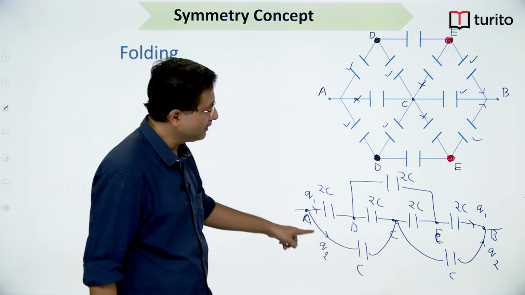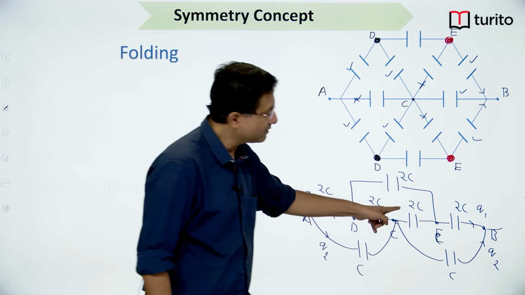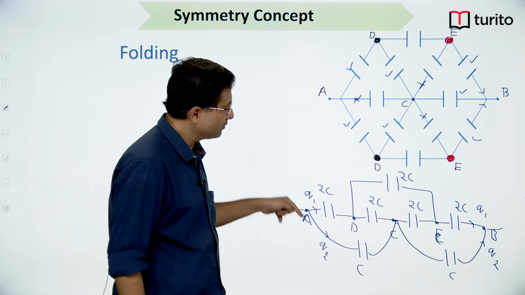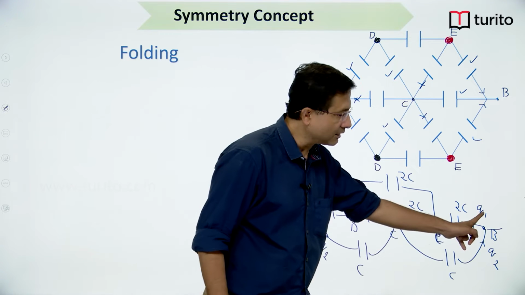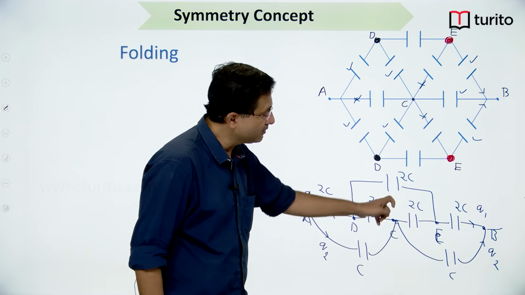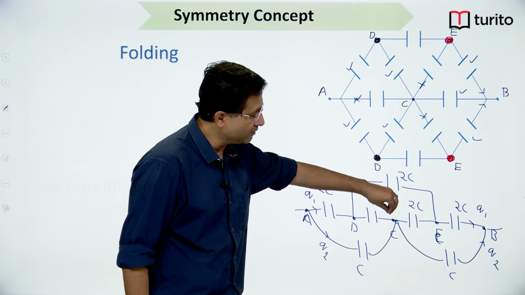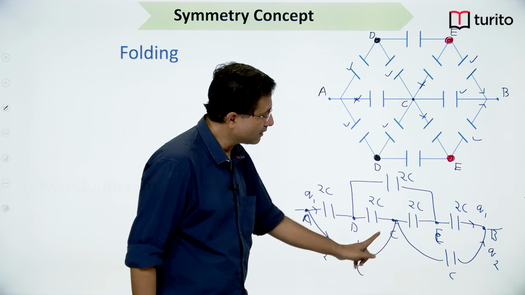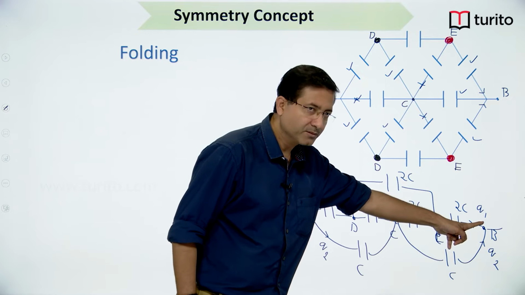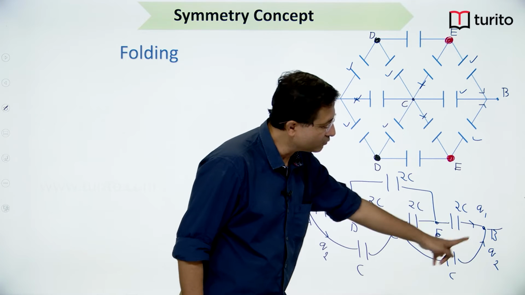And from here till here you can see there is one junction. So if this charge is equal to this charge, that means there should not be any division of charge at this junction. So this charge will completely flow this way, then only this one can be equal to this one, right.